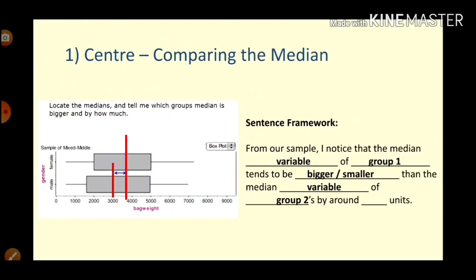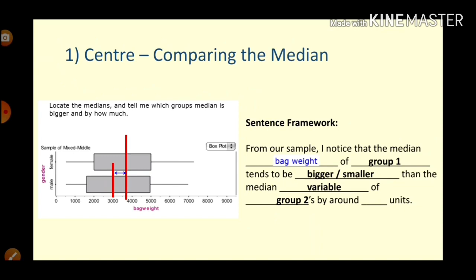Let's have a look at a box and whiskers example. It's talking about the bag weight of male students and female students. How would you compare this? First of all, you need to tell us what you noticed about the median from that graph. From our sample, I noticed that the median of bag weight, which group tends to be bigger or smaller than the other?